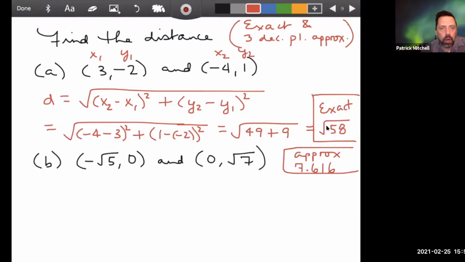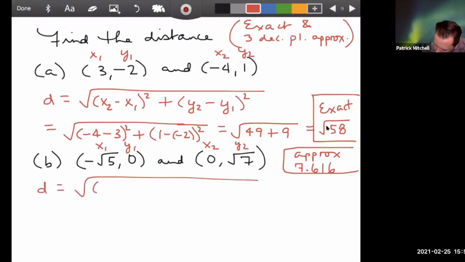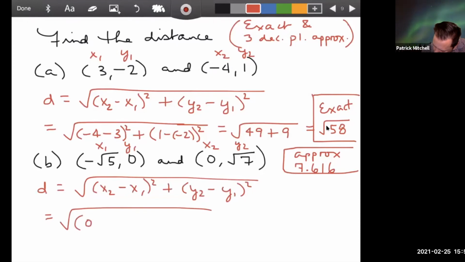So now we're going to do letter B. So again, let's call this x1, y1, x2, y2. All right, the distance is the difference in the x's squared plus the difference in the y's squared. x2 is 0, x1 is negative root 5. y2 is the square root of 7, y1 is 0.